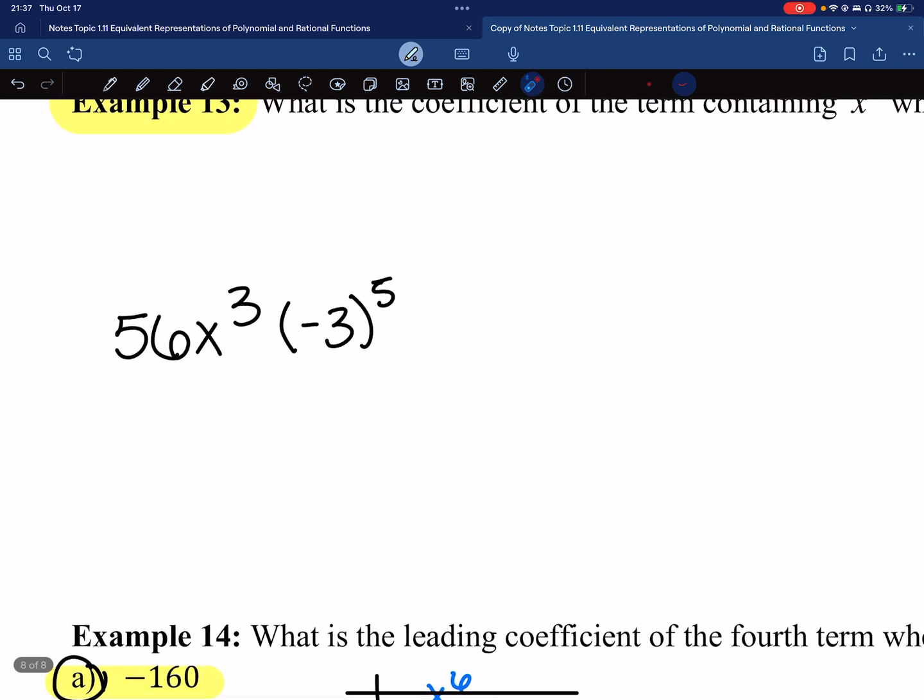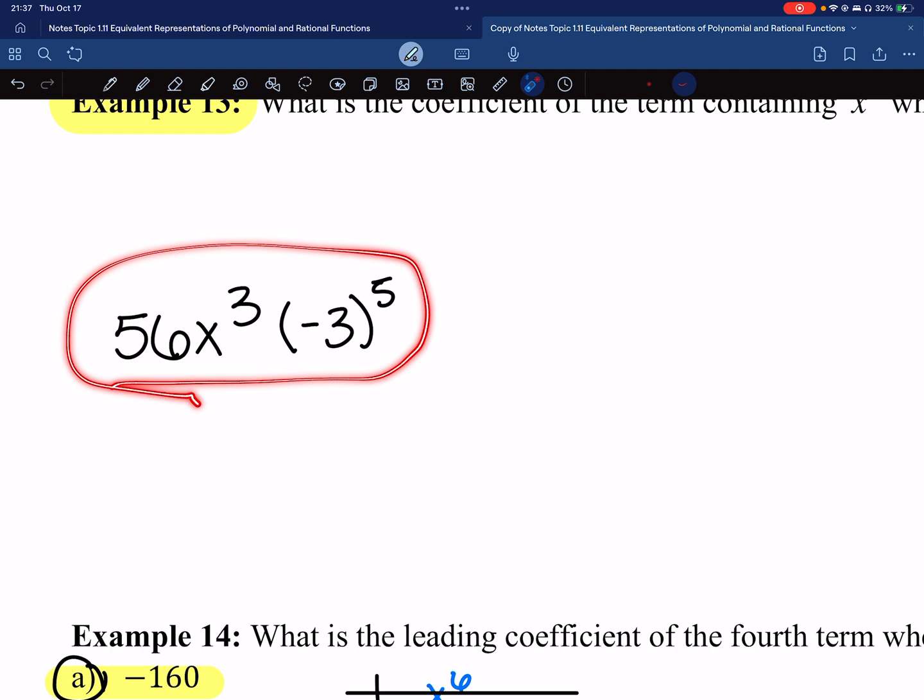So in your calculator, you could multiply these out to see how we get the answer. We would take 56 times -3 to the 5th power. I would use a calculator for this: 56 times, make sure you put the -3 inside parentheses, to the 5th power.